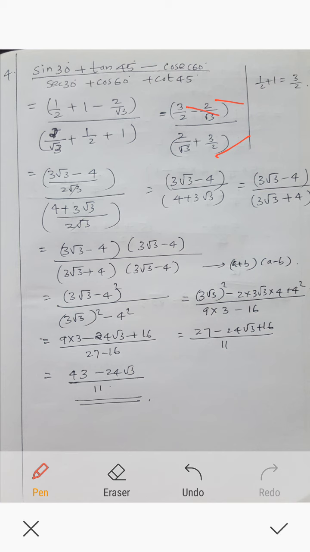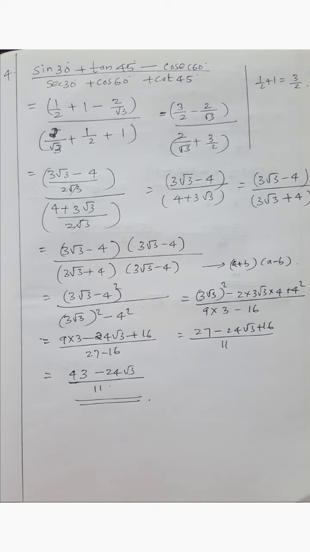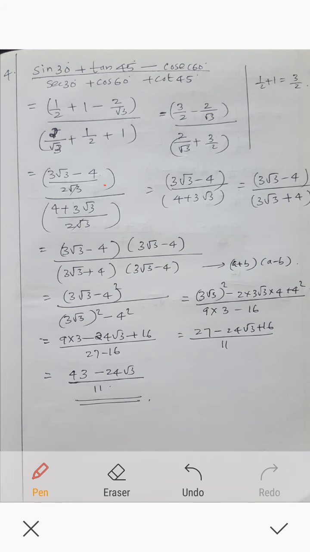Simplifying the numerator by cross multiplying, it will be (3 root 3 minus 4) divided by 2 root 3, whole divided by, here, 4 minus, cross multiply, (4 plus 3 root 3) by 2 root 3, cross multiplied, and we have got this answer. So 2 root 3 is in the numerator and denominator, it can be cancelled.